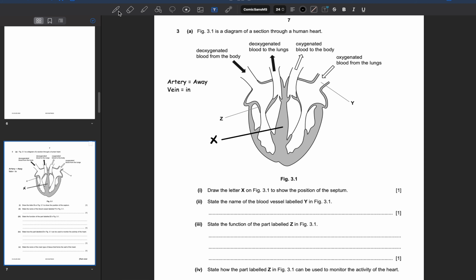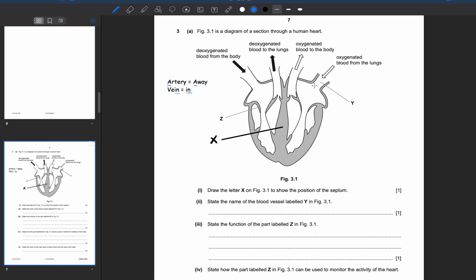Yes, we have to take the letters. Artery starts with an A, so it's away, and vein ends with an I, so it's in. So any blood entering the heart is coming in a vein, and any blood going away from the heart is in an artery.